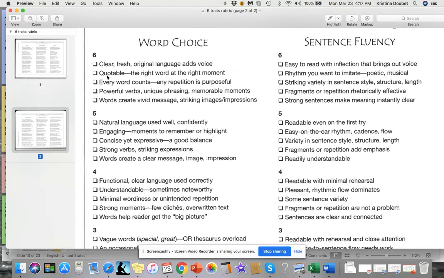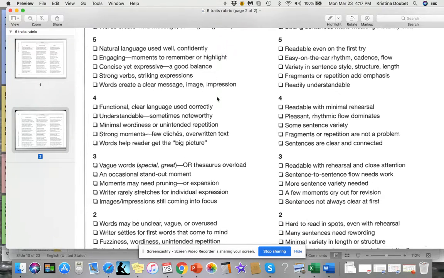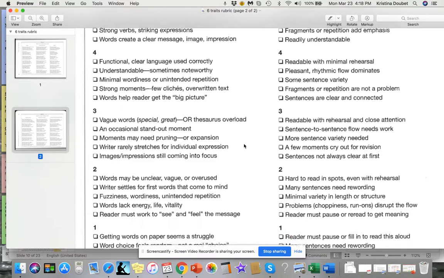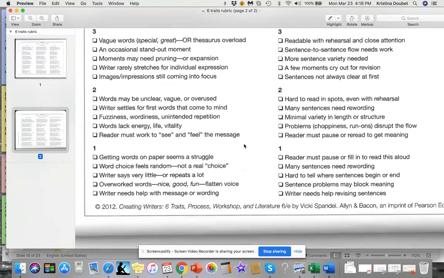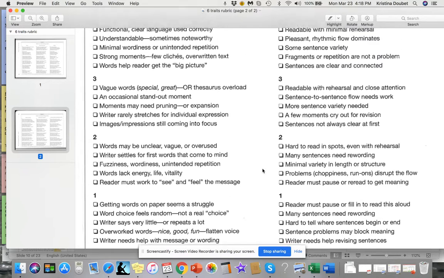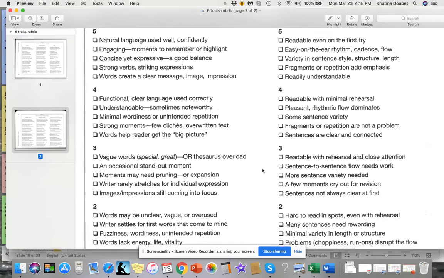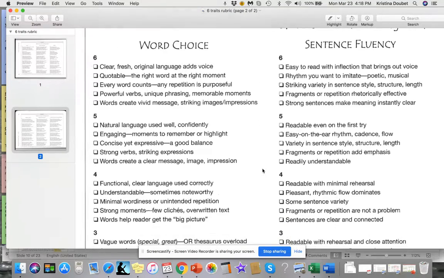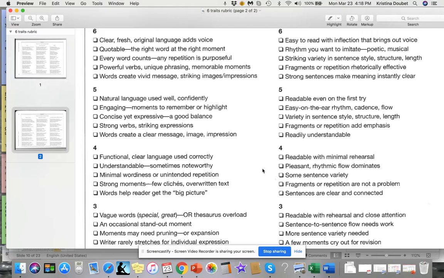So here's a 6. Here's a 5. 4. 3. See if thesaurus overload is bad. 2 and 1. This rubric is in the week 9 module if you need to pause and go look at it in comparison to I May Be Quiet.